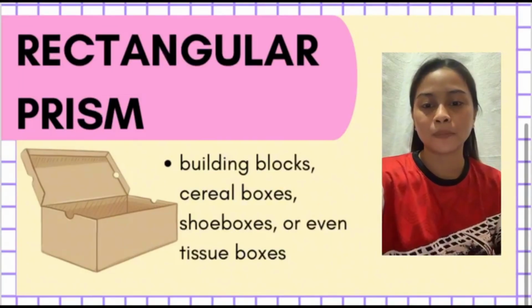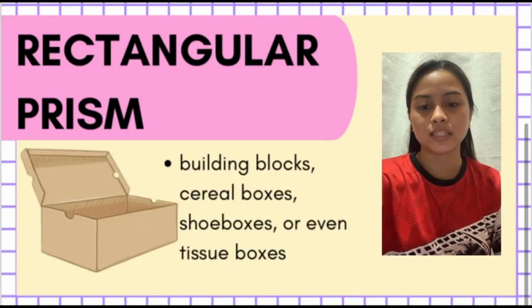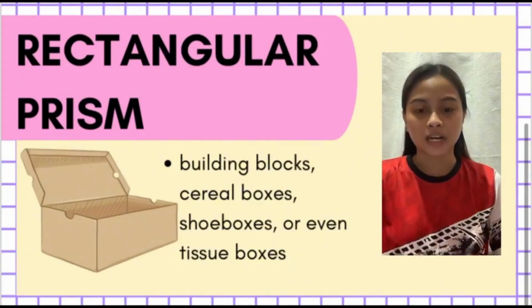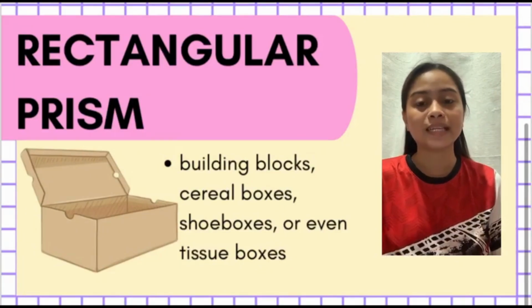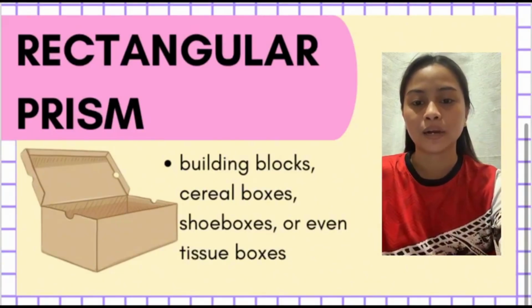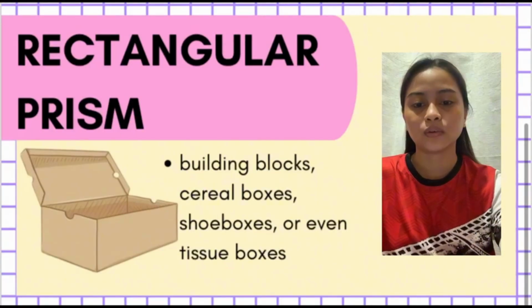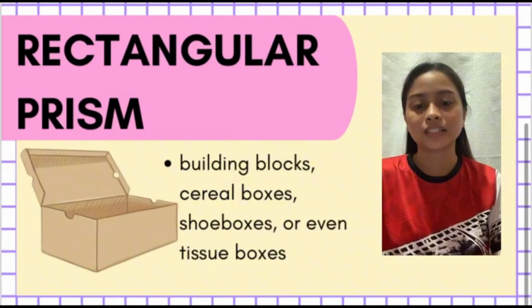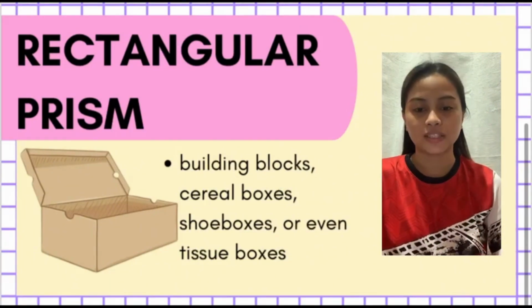The picture that I have shown is the shoe box. It is an example of a rectangular prism, with its height and four rectangular lateral faces.